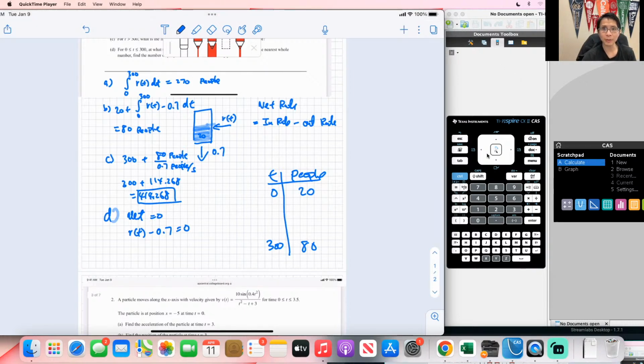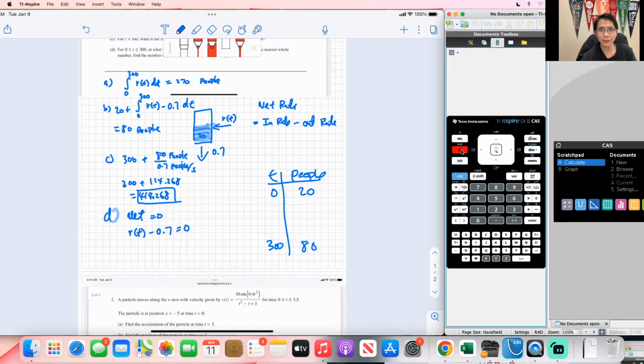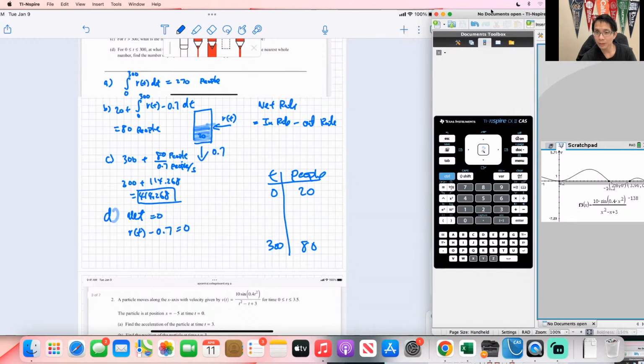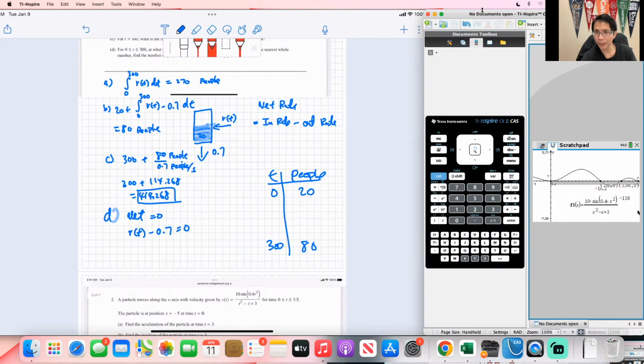So what we're going to do is use a TI-inspired calculator. I know none of you have this calculator, but it's going to work the exact same way. If you don't understand, just ask me. So I'm going to graph here. Sorry. Where's my graph? This is my graph.